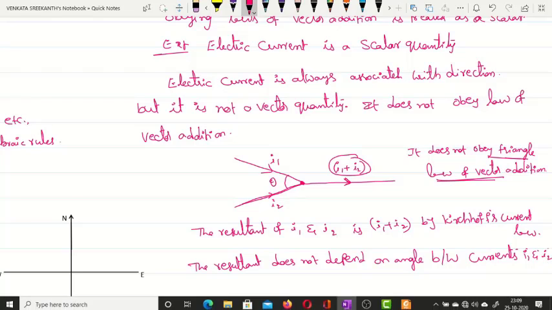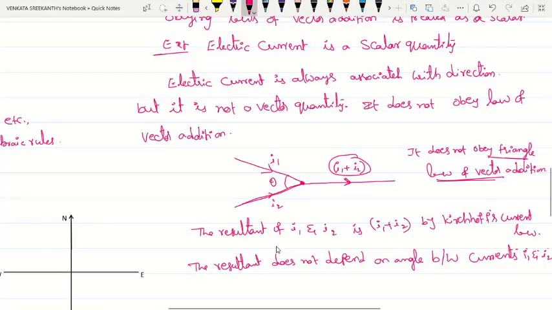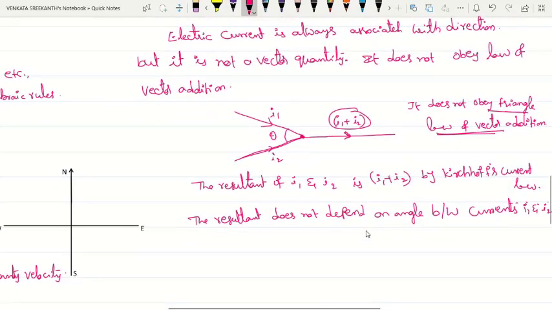In that resultant, is there any theta term? No. Okay. Next.